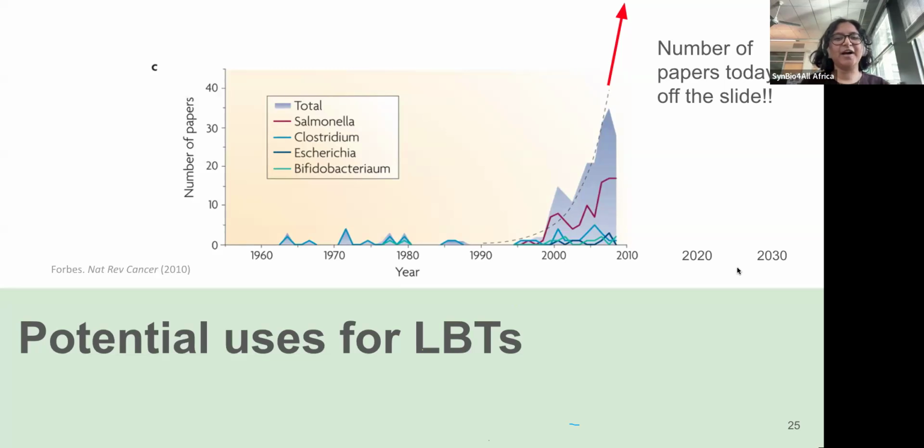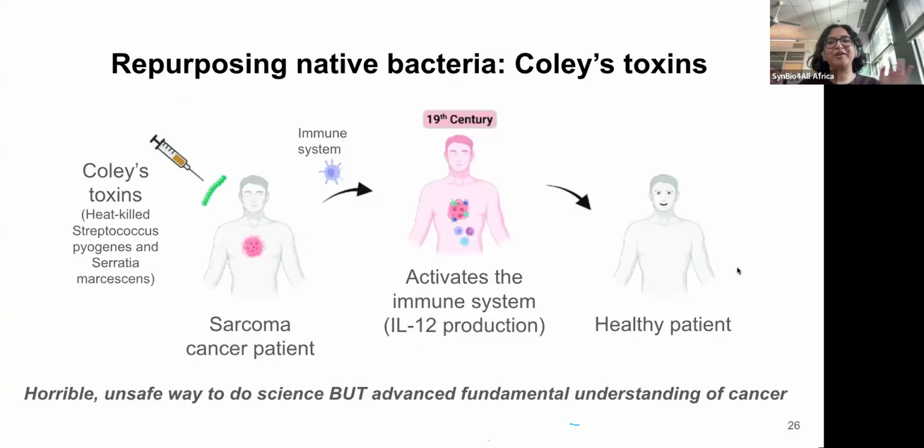Yeah, and so if you've ever taken a microbiology class, they probably talk about Coley's toxins, but William Coley in the 19th century came across the description of a patient with an inoperable sarcoma. Sarcomas are bone cancers whose tumor basically completely vanished after developing a type of skin infection.